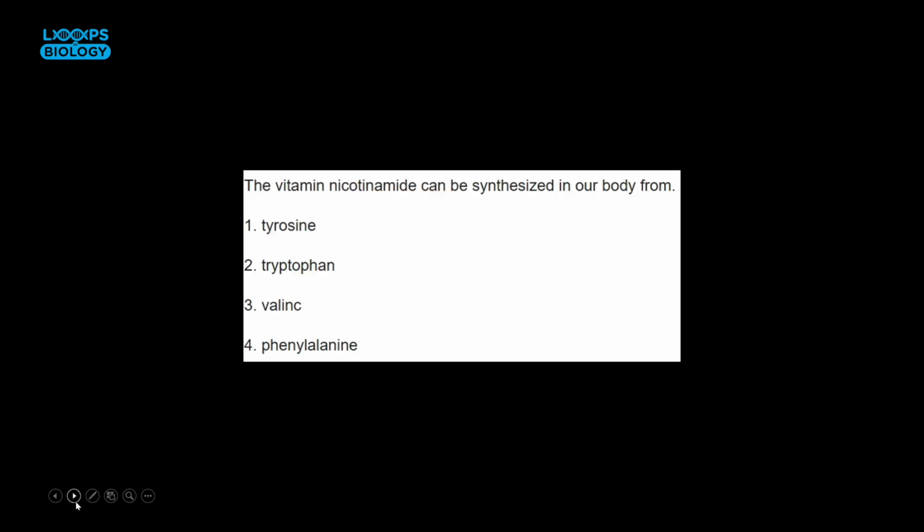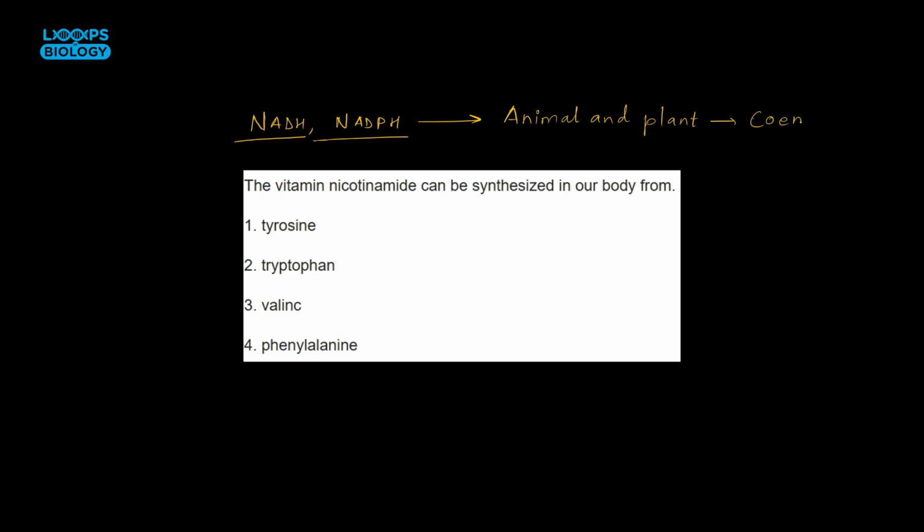The vitamin nicotinamide can be synthesized in our body from... Now this is basically used in NADH and NADPH. So these are the two components which are present inside animal and plant, and this acts as my coenzymes.